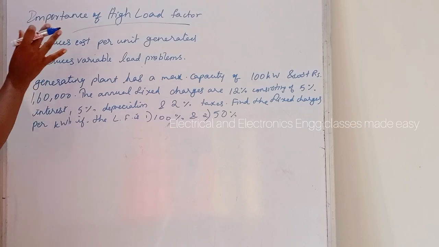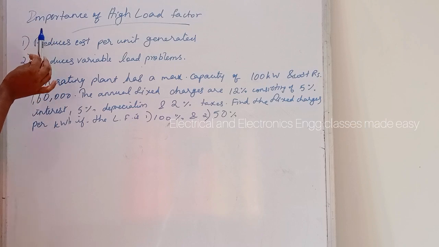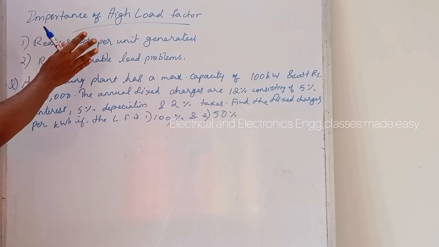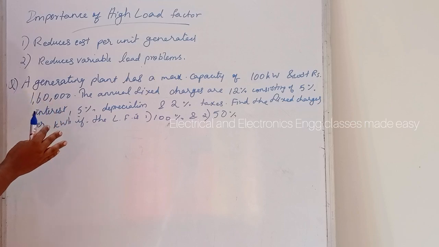Next is importance of high load factor. The load factor plays a vital role in determining the cost of energy. The important advantages are: it reduces the cost per unit generated. A high load factor reduces the overall cost per unit generated.